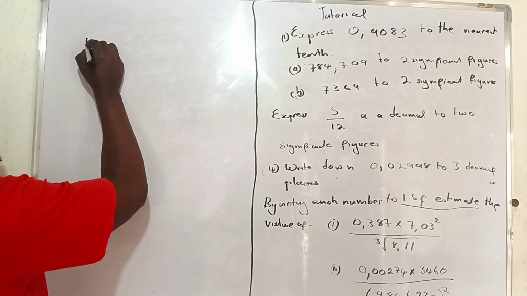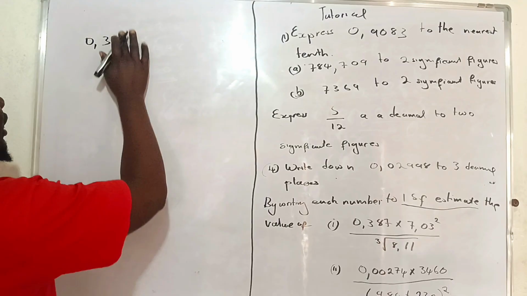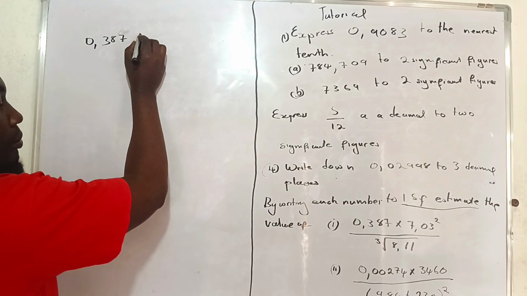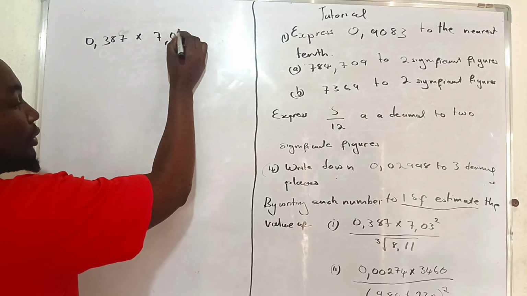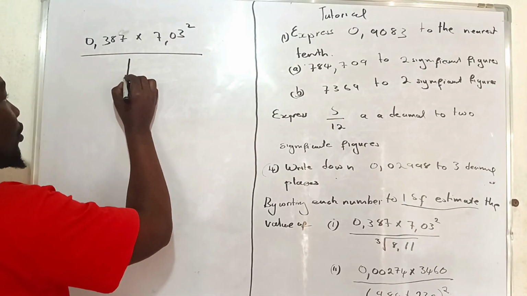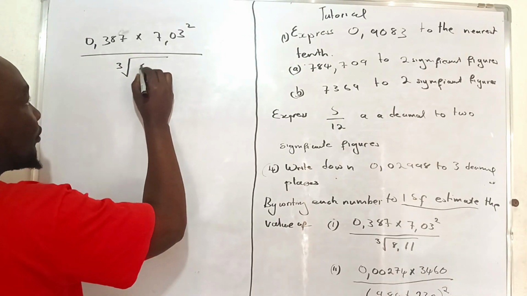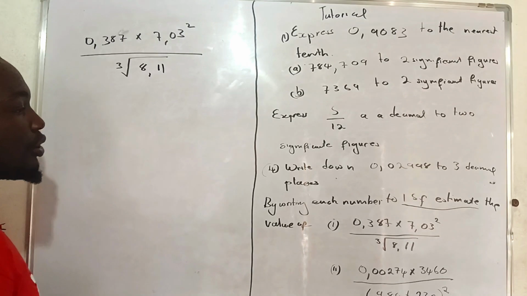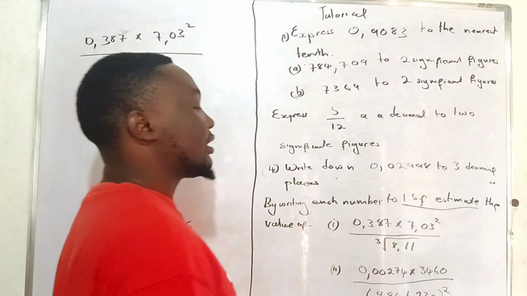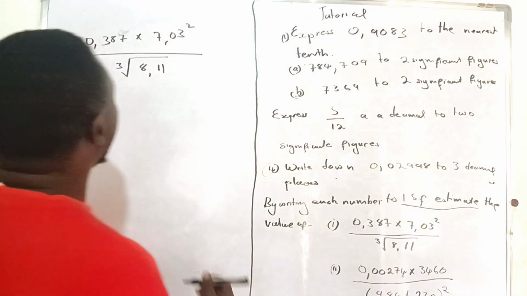So you have 0.387 multiplied by 7.03 squared divided by the third root of 8.11. So the first operation that you need to do is to put the whole expression to one significant figure. Then after that, we try and evaluate it.